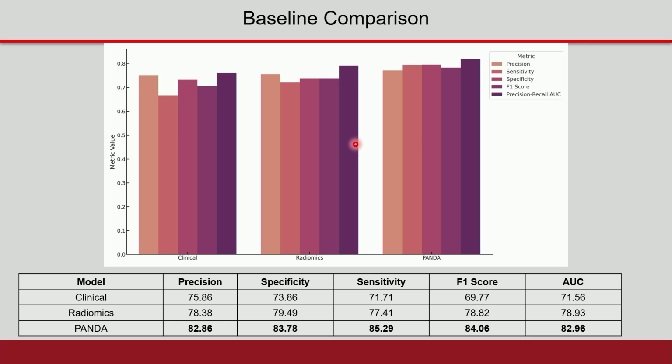Also, we compare our model with a model based on the radiomics features, which are extracted from the pneumonitis region. And also we compare the results with pneumonia against our proposed model. As you can see here, our model managed to get an AUC of 82, beating the baseline models.